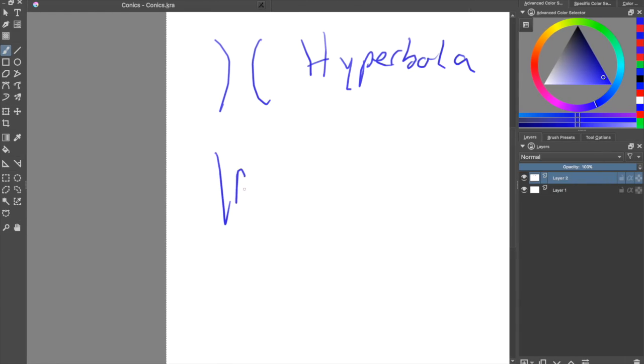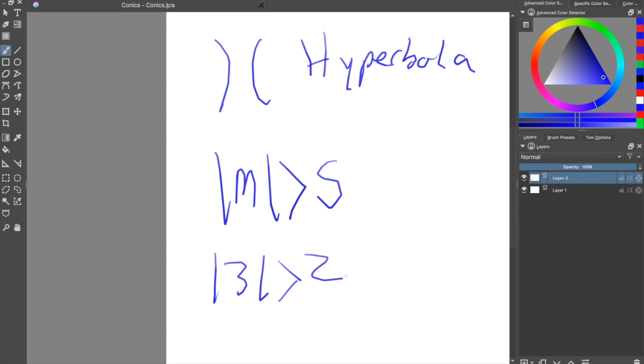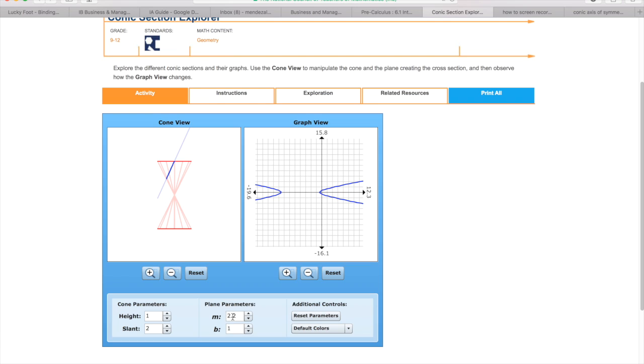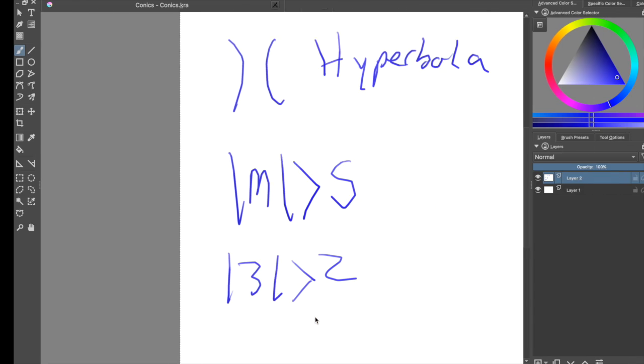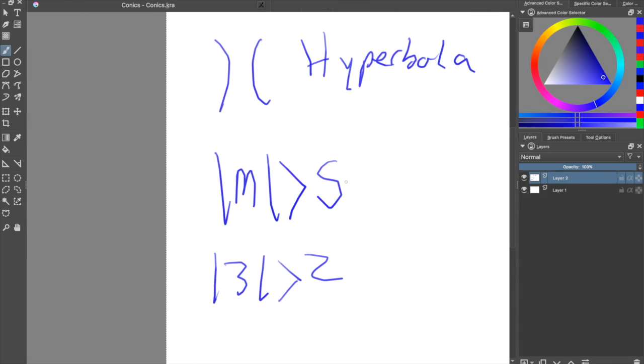Well, it tells us the absolute value of m is greater than the slant. So if we have a 3 and here we have a 2 for slant, we should have a hyperbola. 2, 3. Look at that. There's a hyperbola. Very nice.